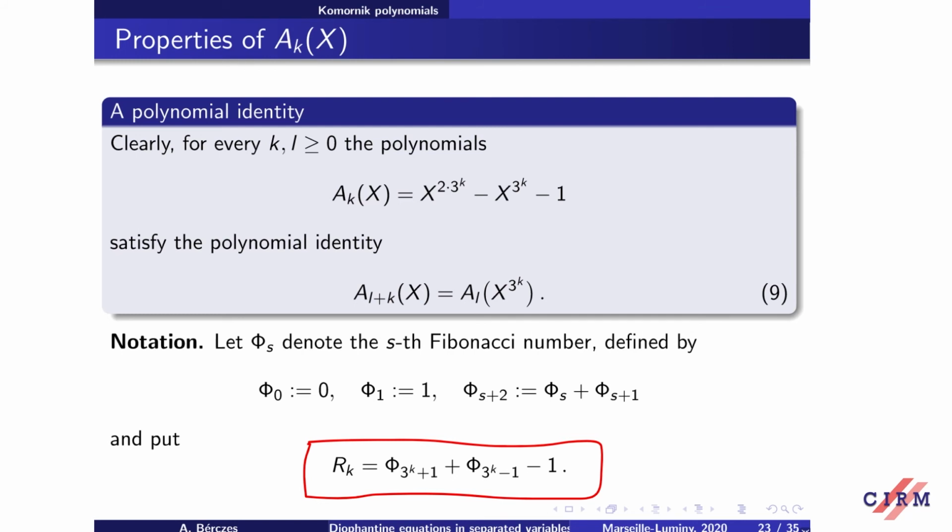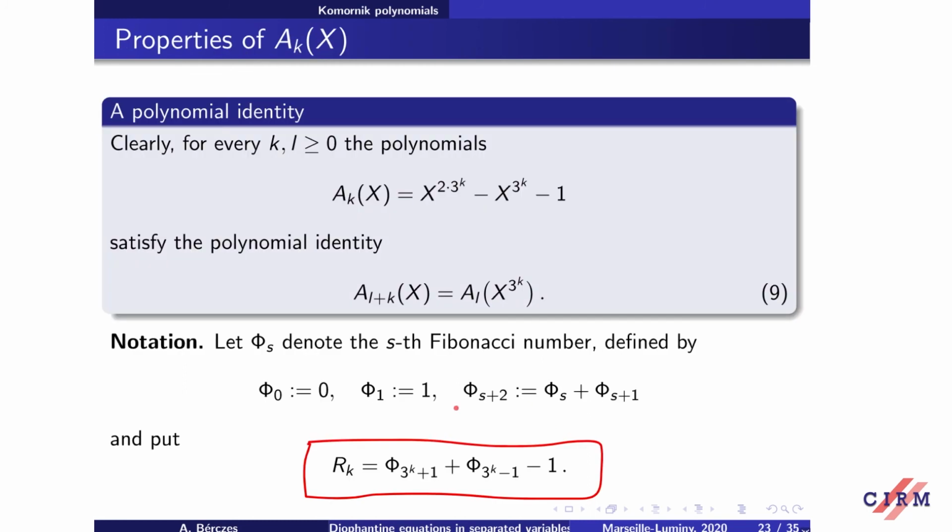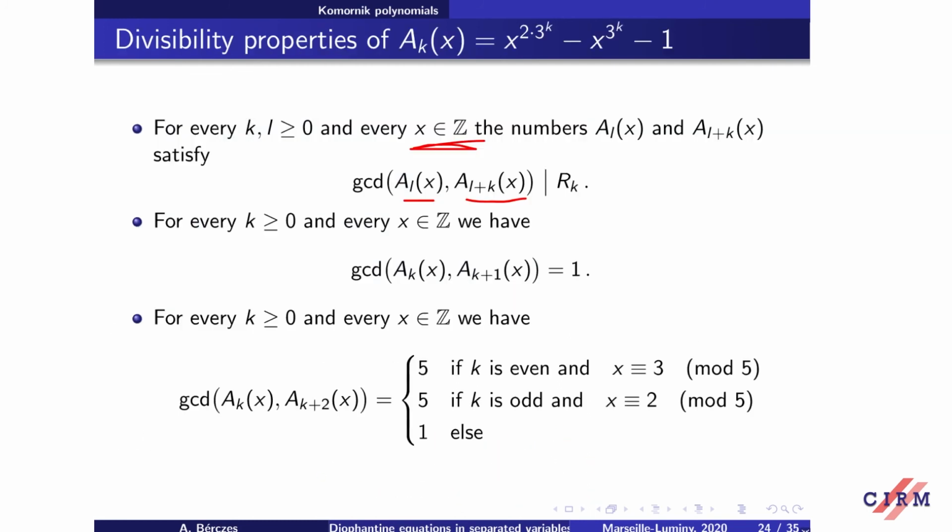These integers will play an important role in the GCD of two values of this polynomial A_k(x). If we take the polynomial A_k(x) in any integer base, and compute it for the index L and for the index L+k, then the GCD of these two integers will divide the integer R_k defined here using the Fibonacci numbers.